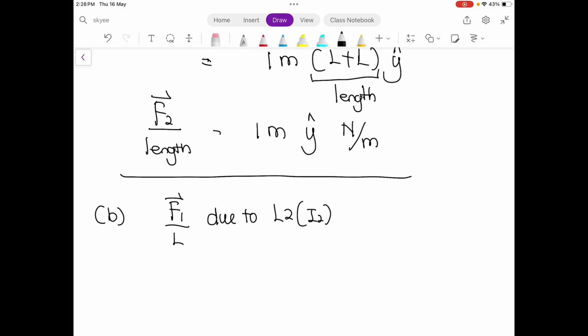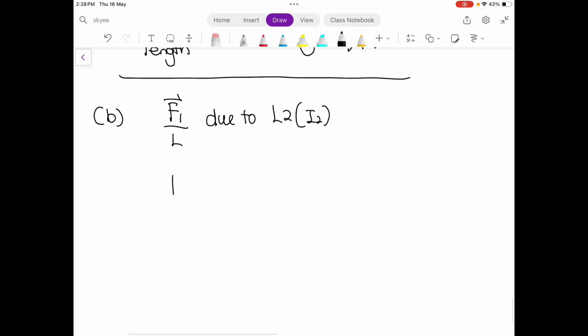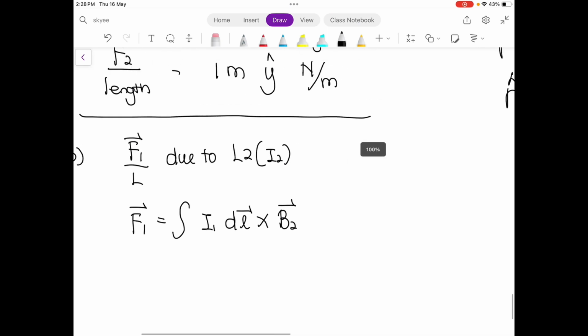What is the equation? I write down the equation first. F1 equals the force acting on I1 because of the magnetic field due to the B2. B2 is due to I2, so it produces the B2. We look again at the drawing.